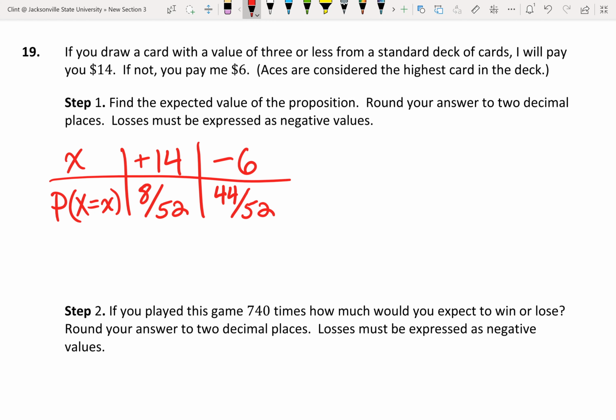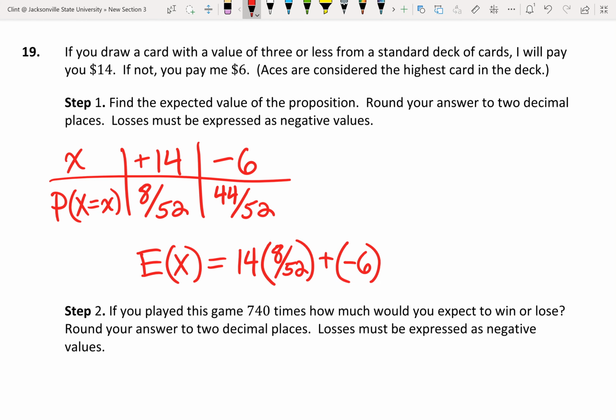And then we want the expected value here. So that will be 14 times 8 out of 52 plus -6, and it's okay if you do -6 there, times 44 out of 52. And we're dealing with dollars, so it says round our answer to 2 decimal places.